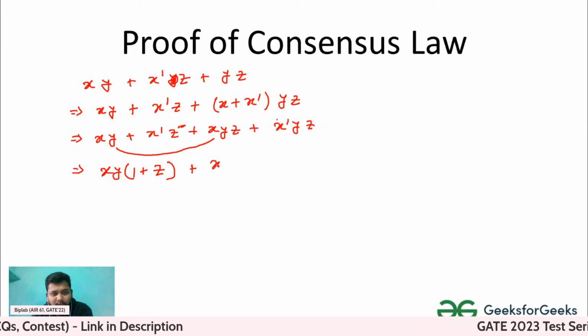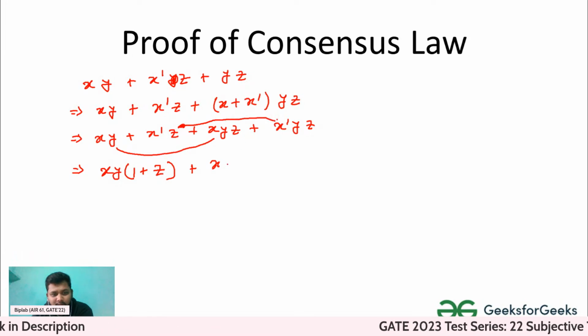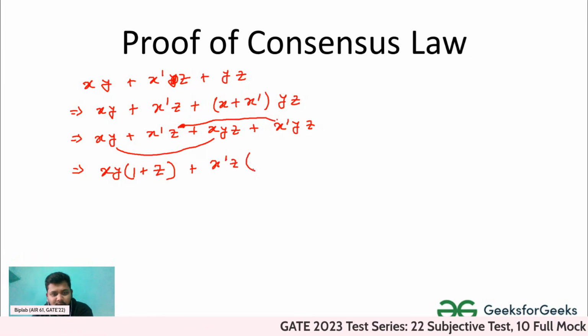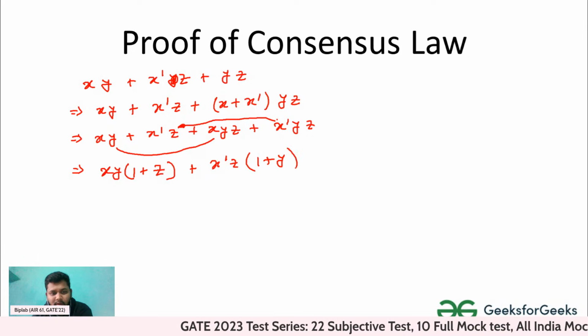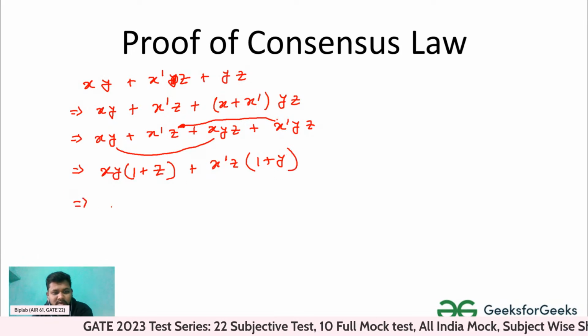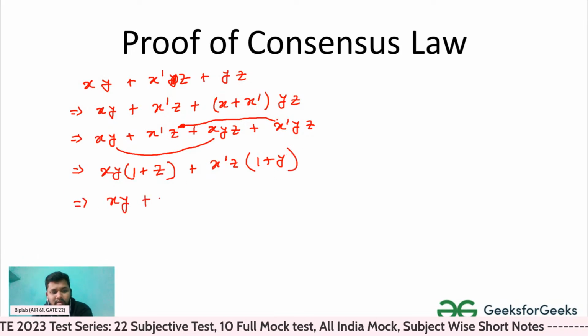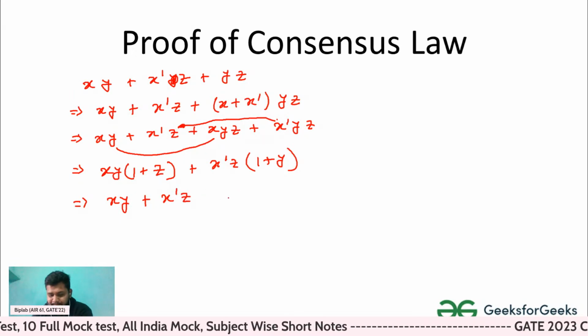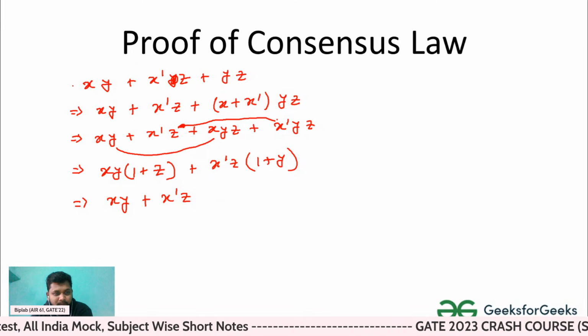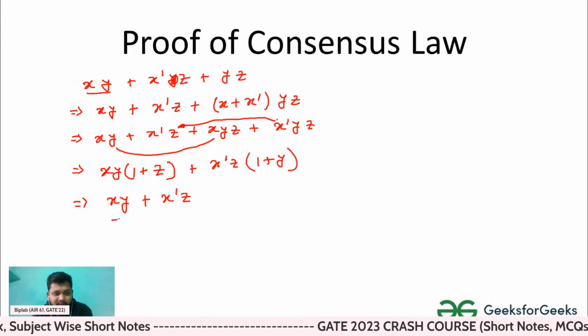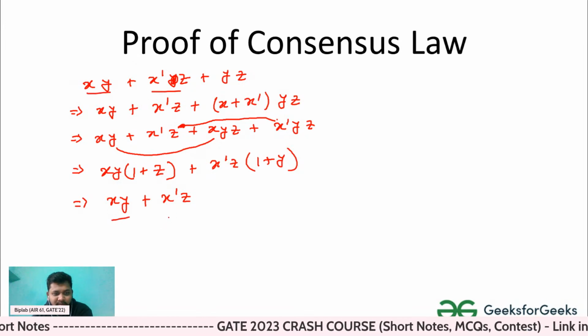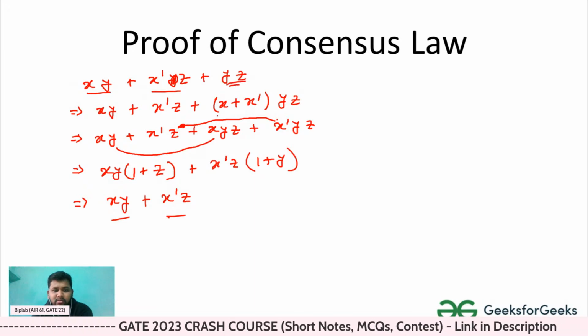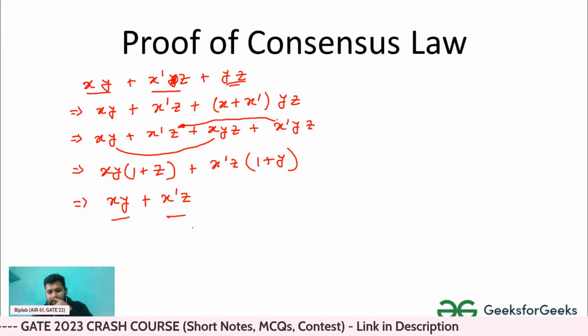So you will have x bar z common with 1 plus y, which equals xy plus x bar z. Okay, so look at this term, xy you have here, x bar z you have here, but this term is no more here.